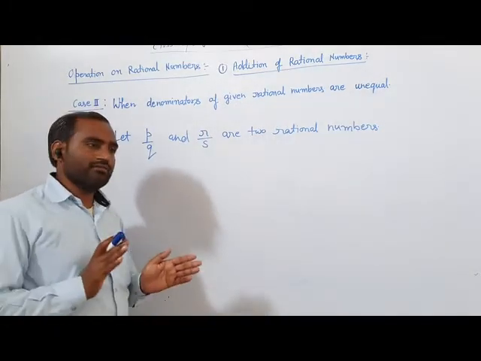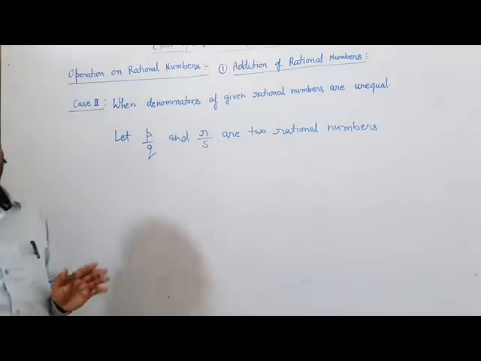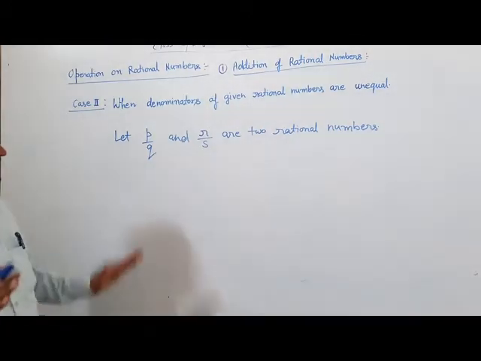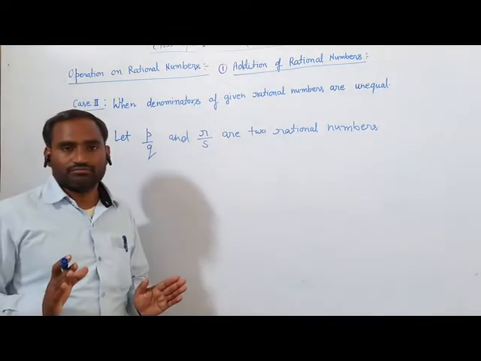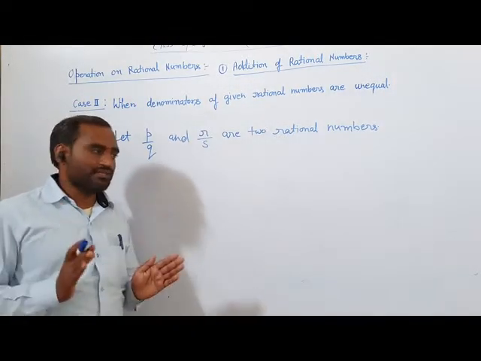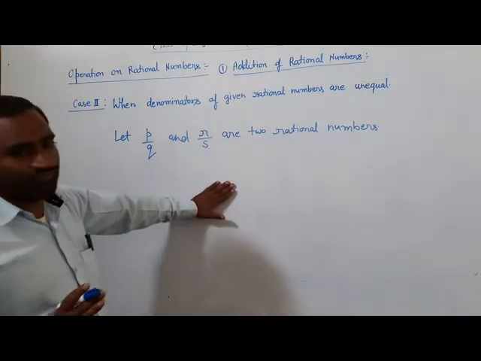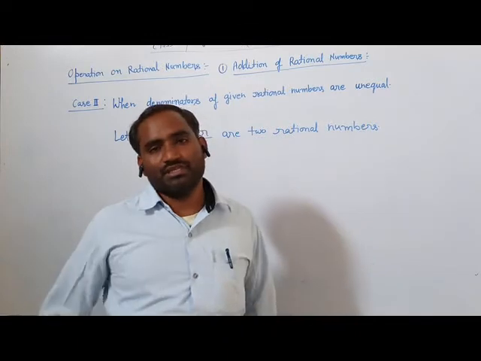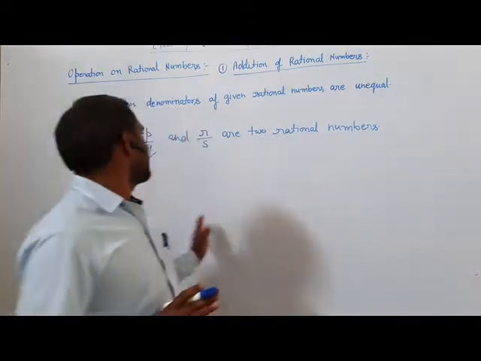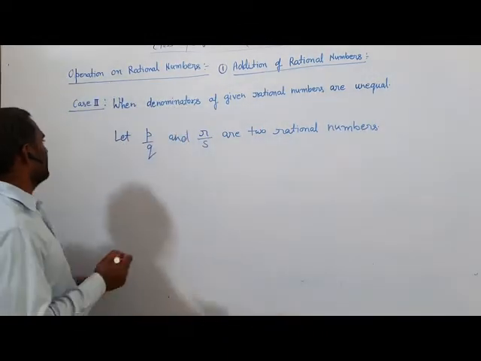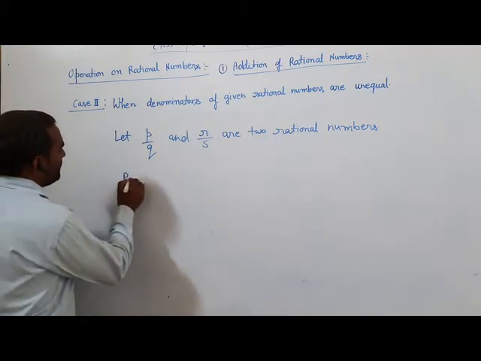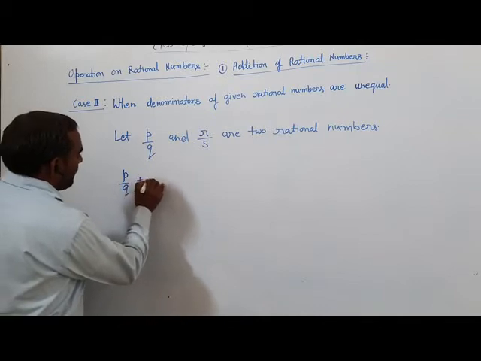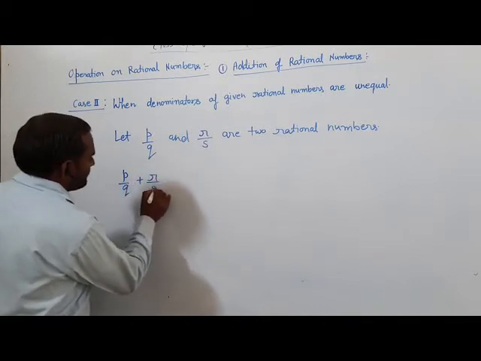If they are not positive, we have to make them positive denominators. After that, take the LCM. By taking the LCM, you make the denominators common and solve the fraction. Let us take p by q plus r by s.